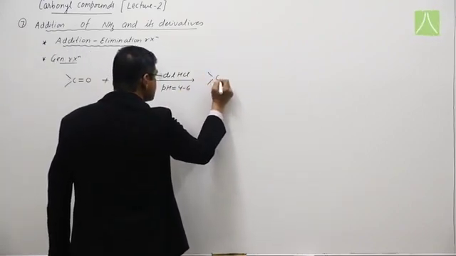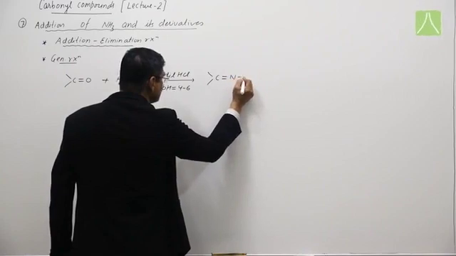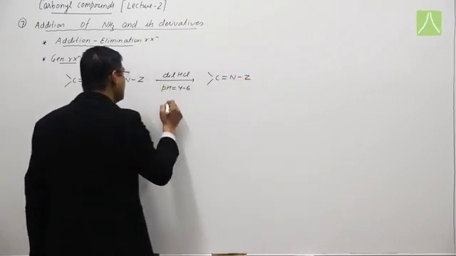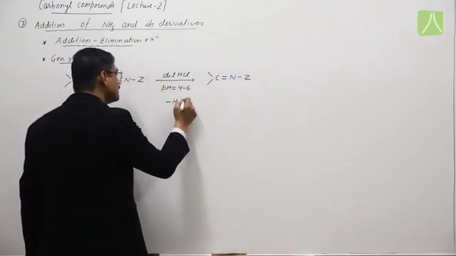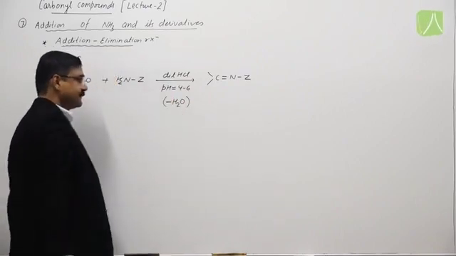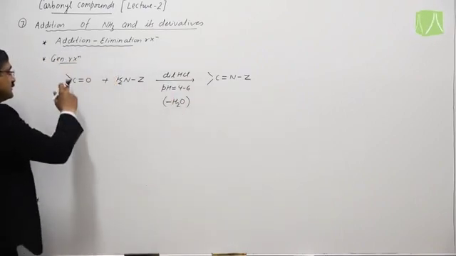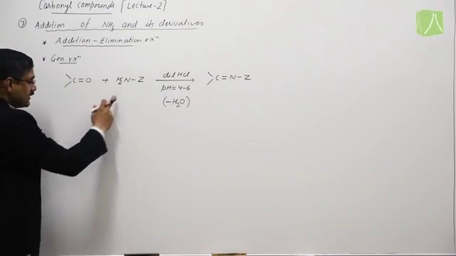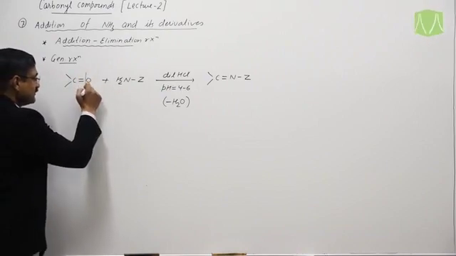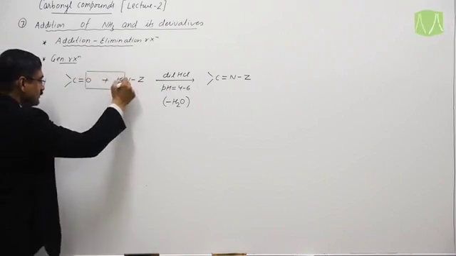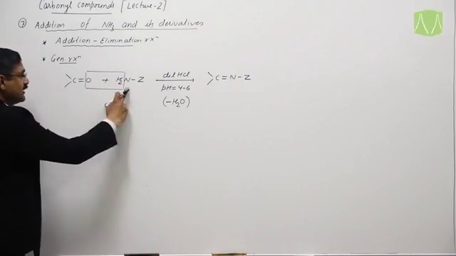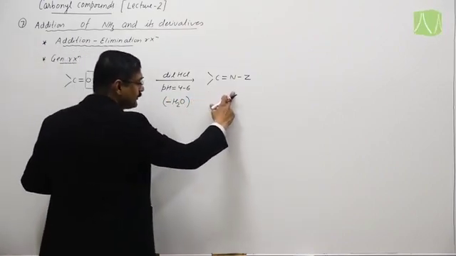The final product is C double bond N Z, and one water molecule is removed during the reaction. So the general reaction is carbonyl compounds on reaction with ammonia derivatives; this water molecule is removed and C double bond N Z is the final product.